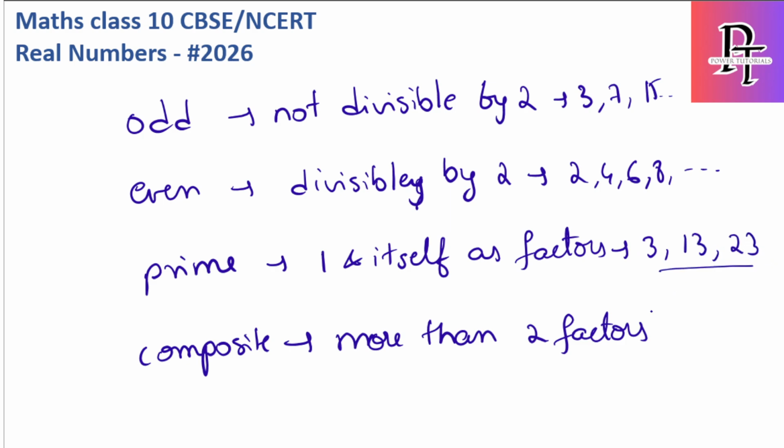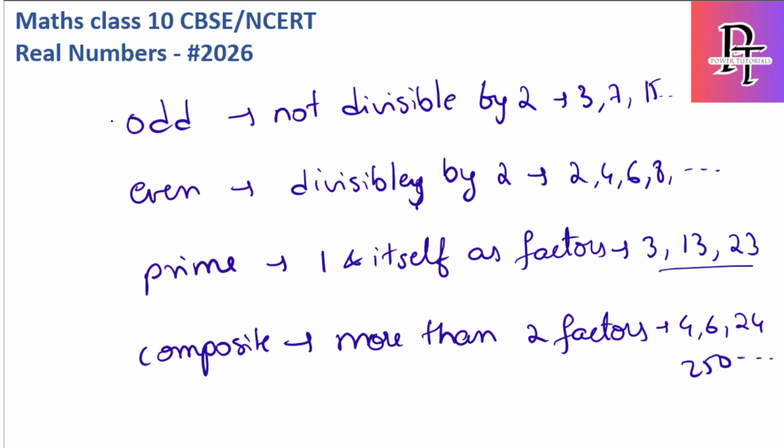Composite numbers are those which are divisible by a prime number, like 4, 6. If we consider bigger numbers, then 24, 250 and so on. All of these come under composite.